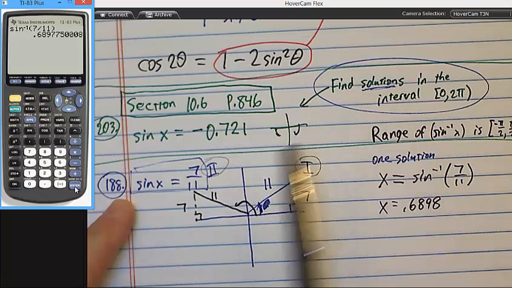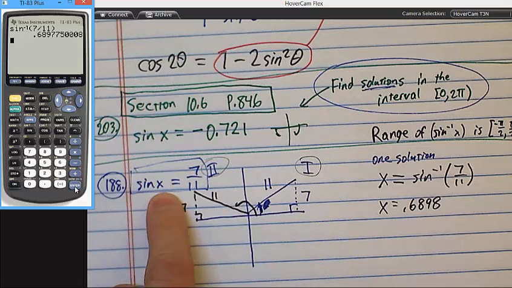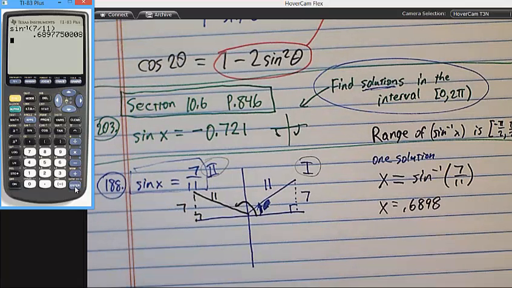So what they're asking me to do here is find an angle. Does that make sense? Okay. So it's kind of like, how do you get to that x? You take the inverse sine is one way of thinking of it. Inverse sine is what you do when you want to find angles. And that's what I'm looking for.